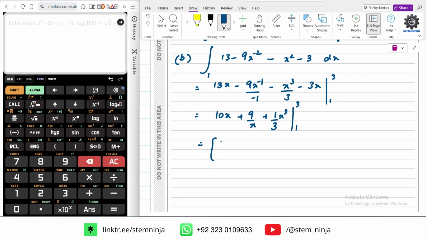Now, 10 times 3 plus 9 over 3 minus 1/3 of 3 cubed, minus 10 times 1 plus 9 over 1 minus 1 over 3 times 1.